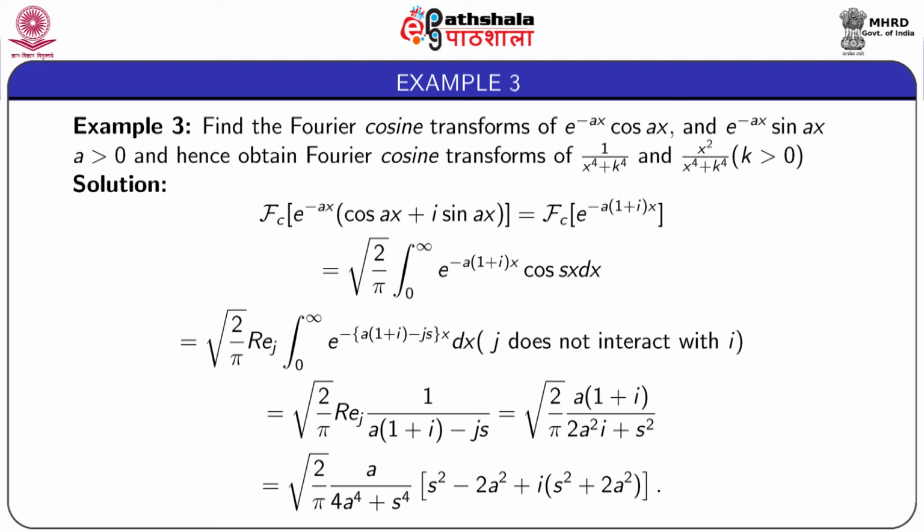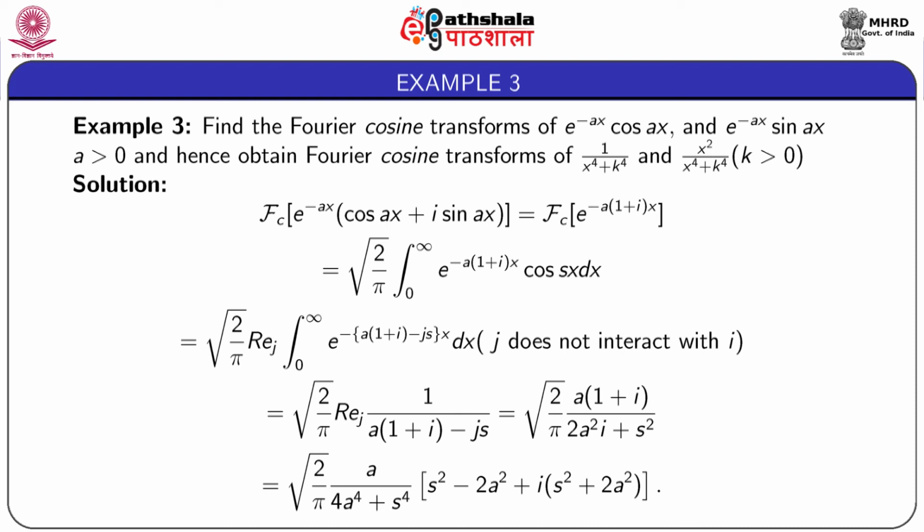Now, instead of cos sx, we write it as real part of e to the power minus j sx, where j is another imaginary unit which does not interact with the imaginary unit i.